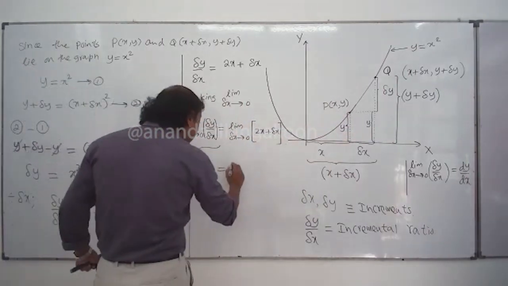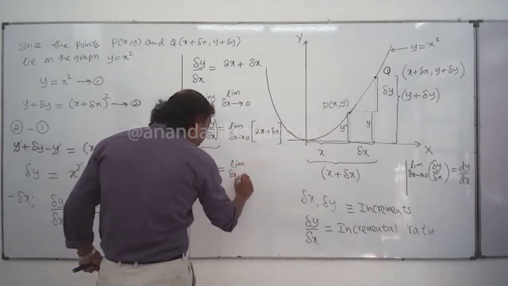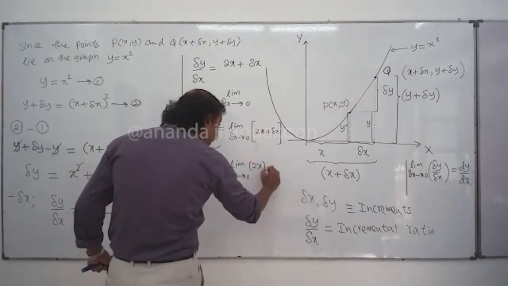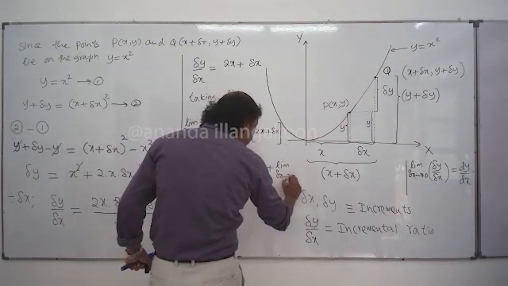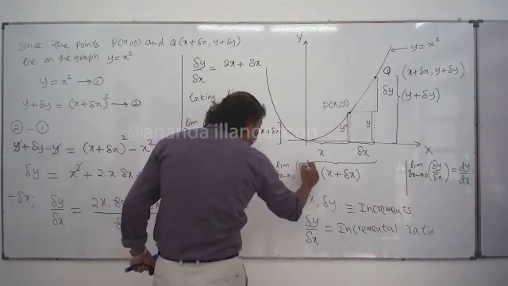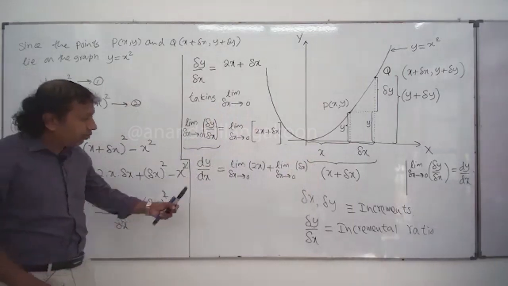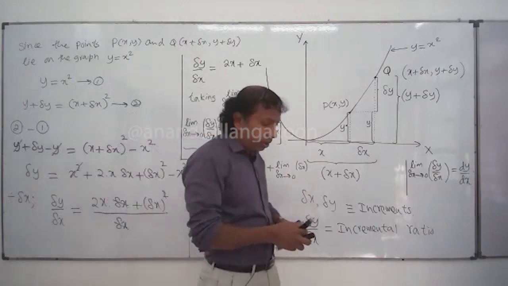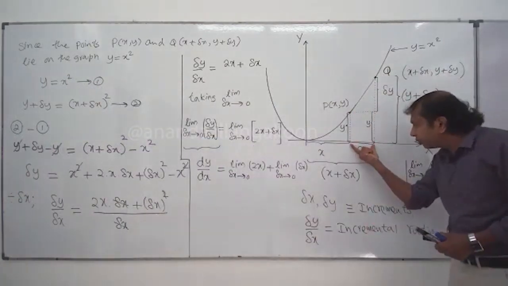Now when I take on the right hand side, people, limit delta x going to 0, 2x here. And the other one is limit delta x going to 0, delta x. Understood? Right. People, now what is meant by this delta x going to 0? You can very clearly understand, delta x means this size, no people.